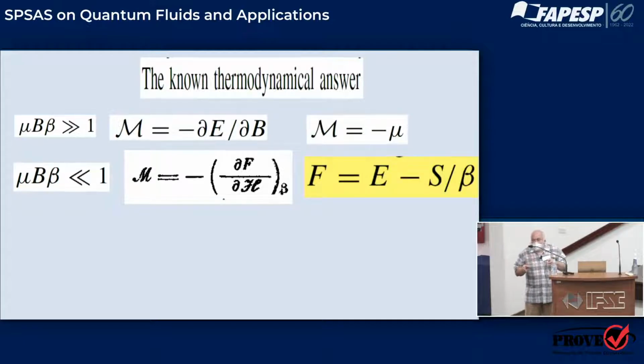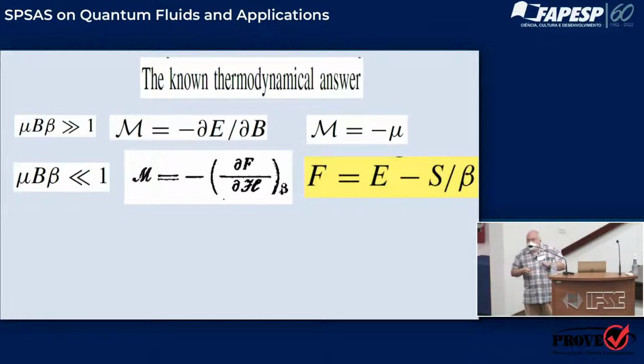At finite temperature, everything which appears is free energy. And this is the difference between total energy and entropy multiplied by temperature. But for high temperatures, this entropy term will almost eliminate energy. And this will give us small magnetization.